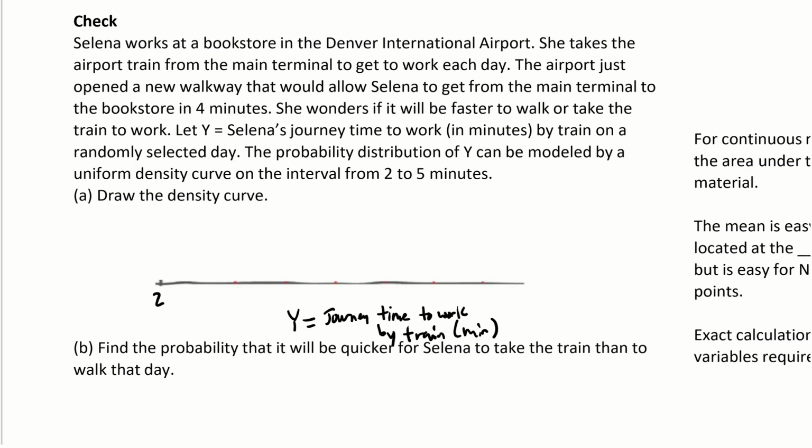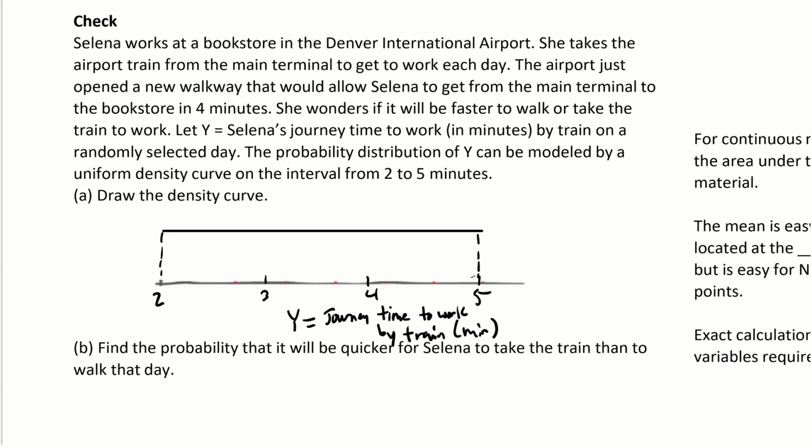So let me do 1, 2, 3, 4, and then maybe 5. Okay, something like that. And it's uniform, so it's going to be flat. All right, and it's from 2 to 5 minutes. I'm just doing the line so you know it stops and ends there.